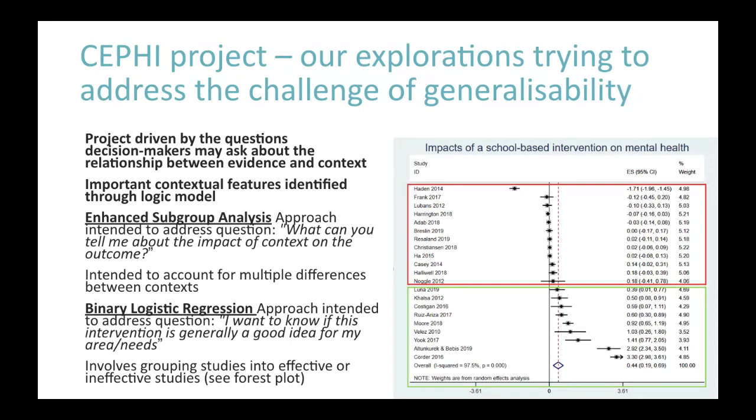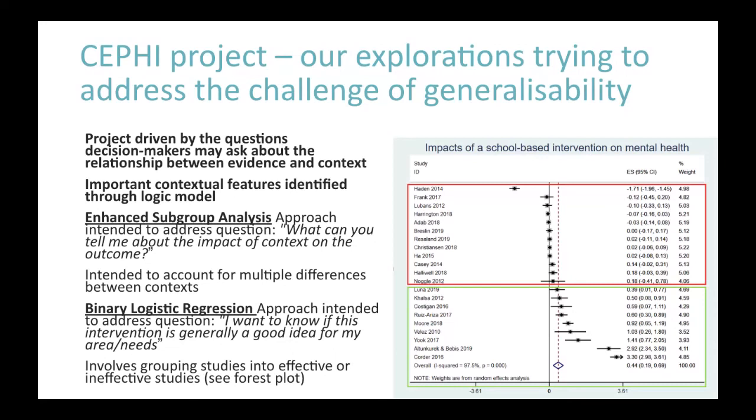And then we also used a review by Langford and colleagues looking at whole school approaches to improve children's health, and we focused in on interventions that help to reduce fat intake. We approached both of these reviews by asking particular questions that we thought resonated with decision makers, and we developed methods around these questions.